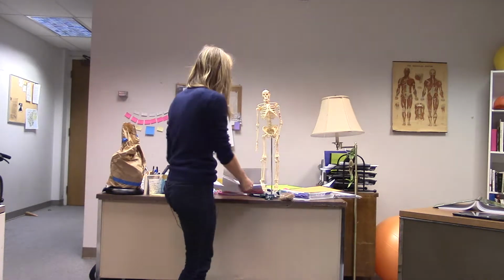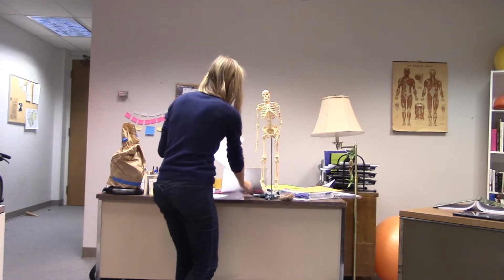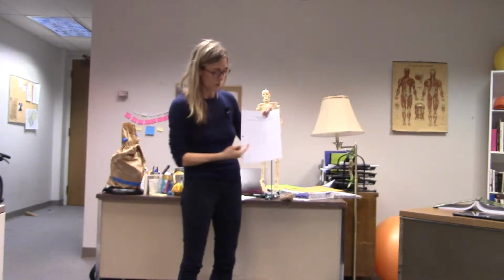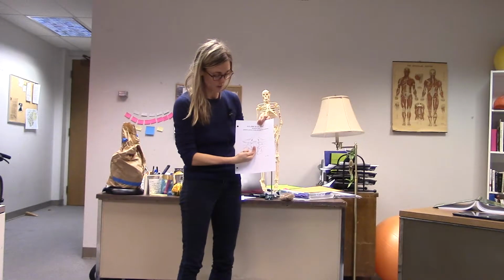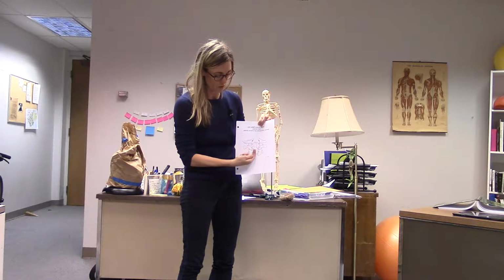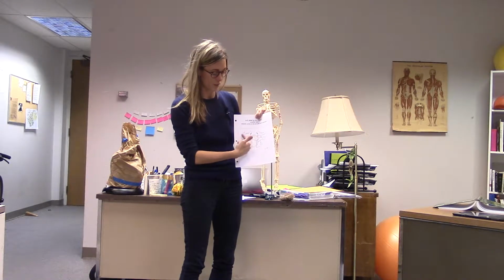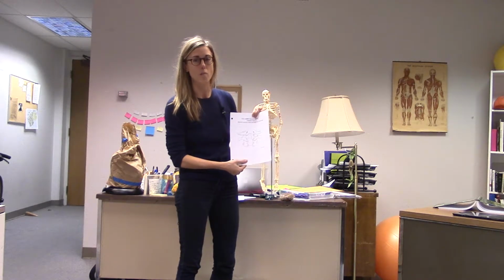So this is a really great view of C1 and C2. You can see here how the dens of C2 comes up to fill this space where the body of C1, of the atlas, would be if it had a body.